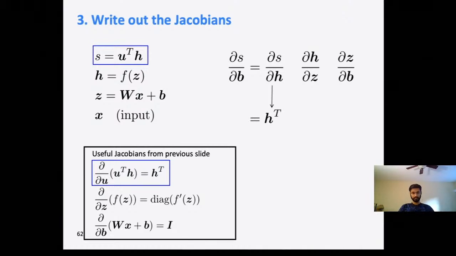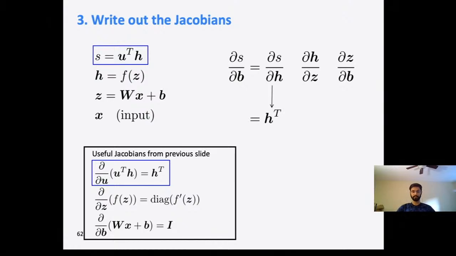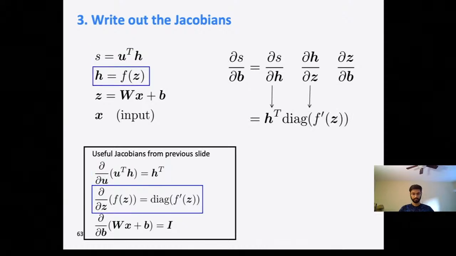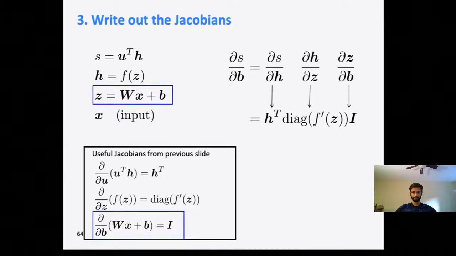Okay, that's a start. Then we have H equals f of z. Well, that's the activation function. So the Jacobian of that is this diagonal matrix made of the element-wise derivative of the function f. And then we have the partial of z with respect to b, and that's the bit that comes out as the identity matrix.